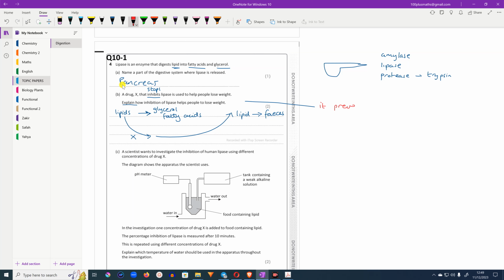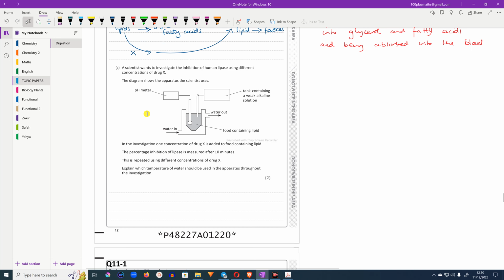It prevents lipids being digested or broken down into glycerol and fatty acids, and being absorbed into the blood and becoming part of your, assimilating into your body, becoming part of cells.